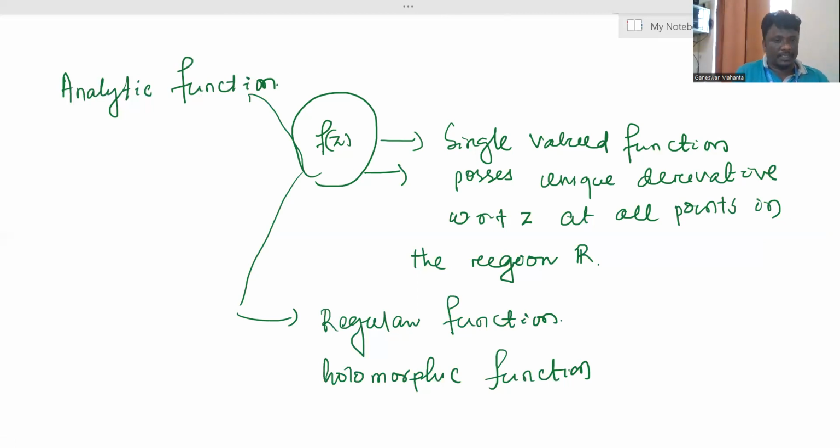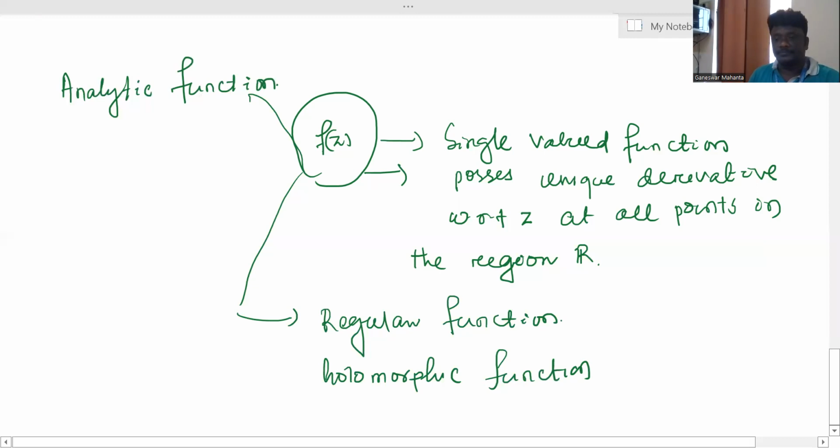So what is an analytic function? A single valued function that possesses a unique derivative with respect to z at all points in the region is called an analytic function, also called a regular or holomorphic function.